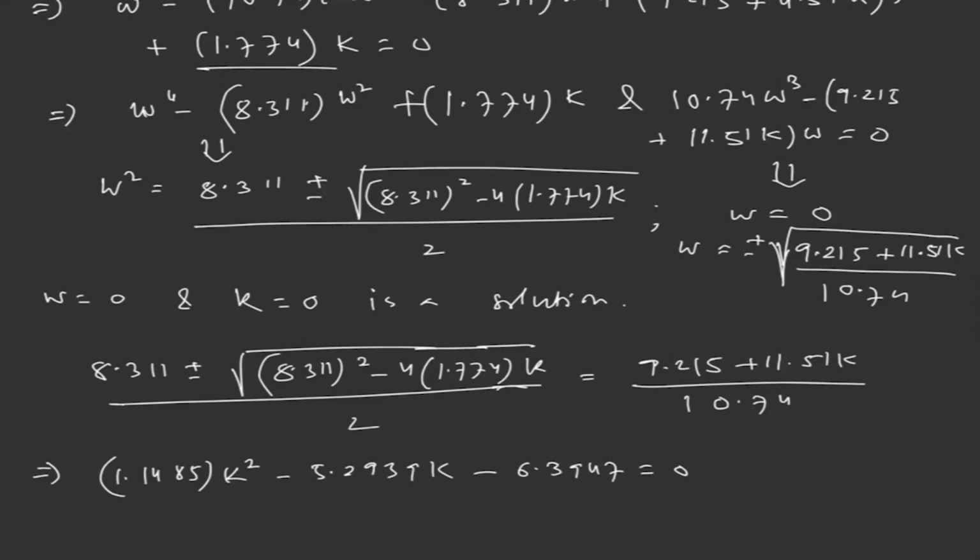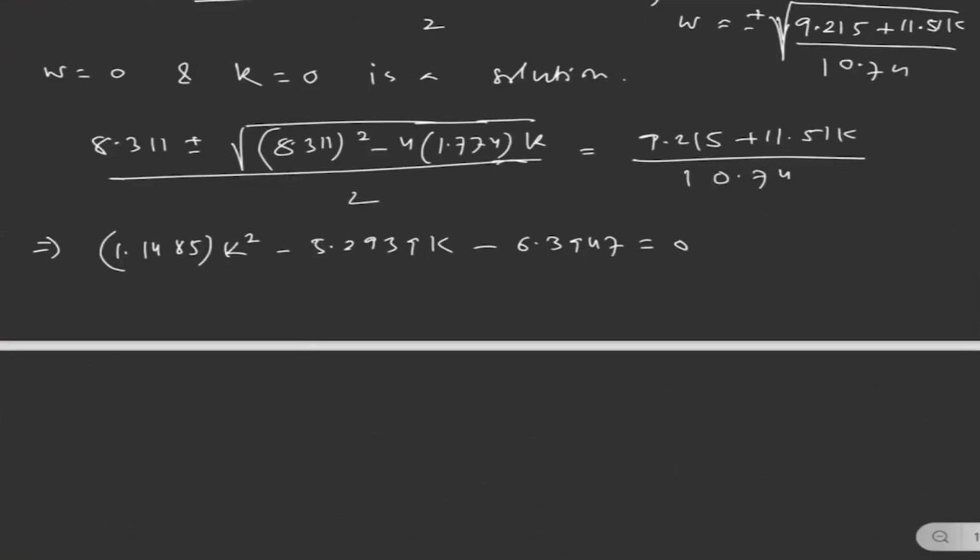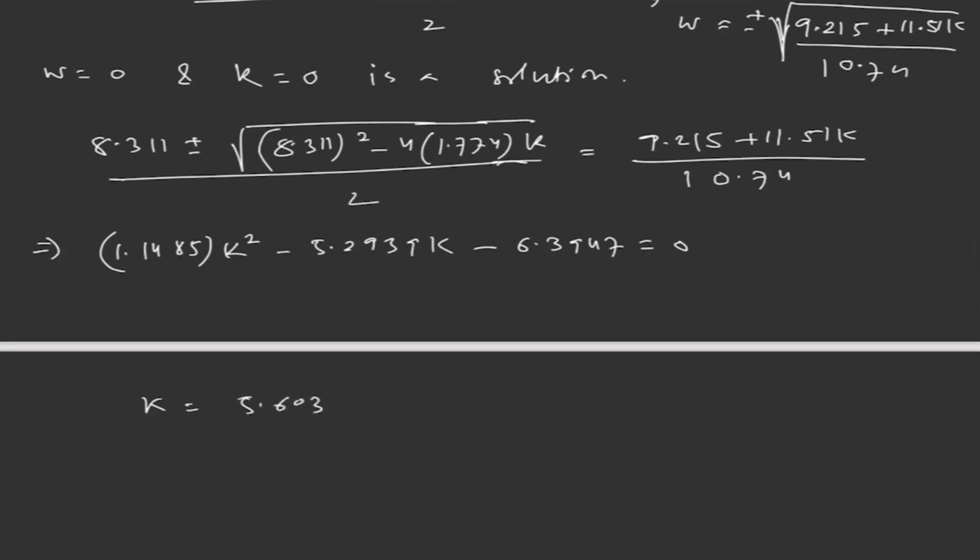And from this equation we can find K. So from this K we can find 5.6031 and minus 0.9937.